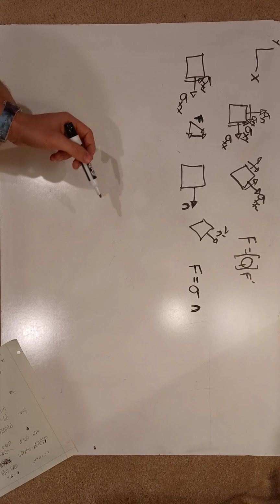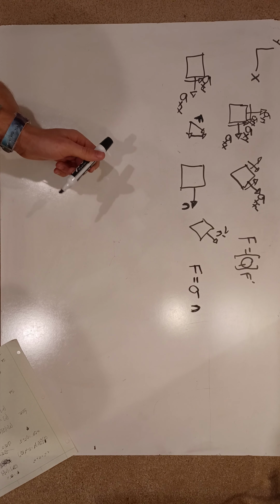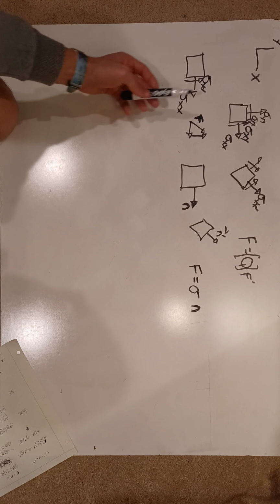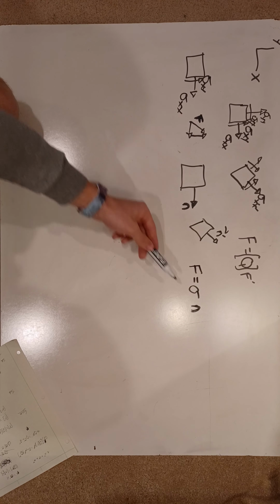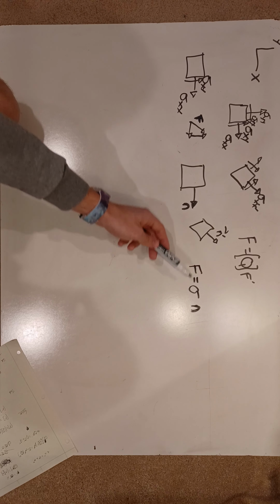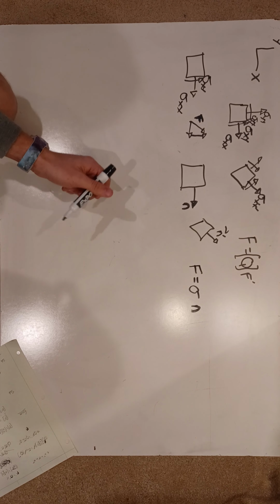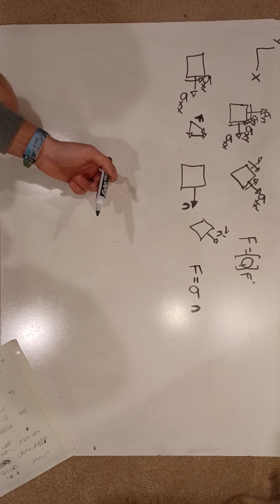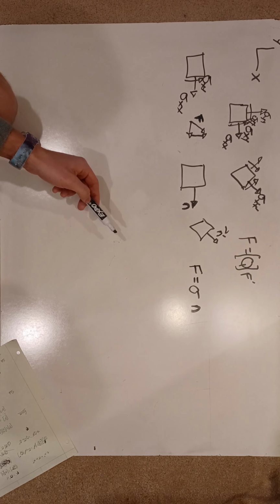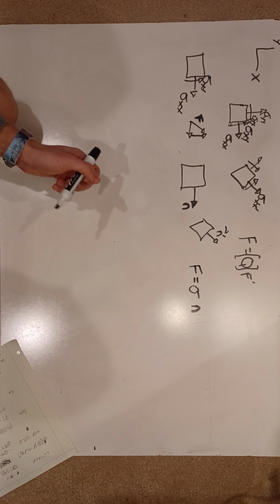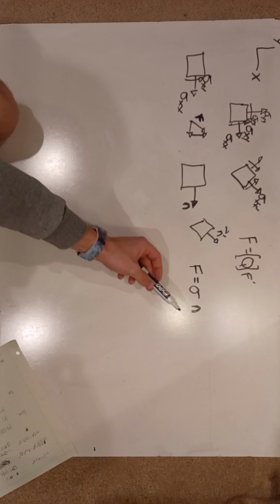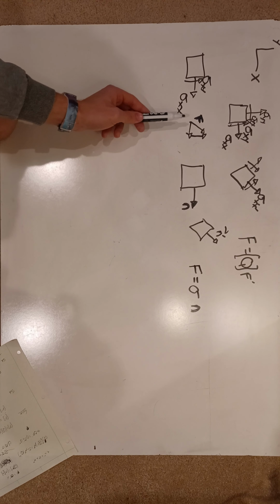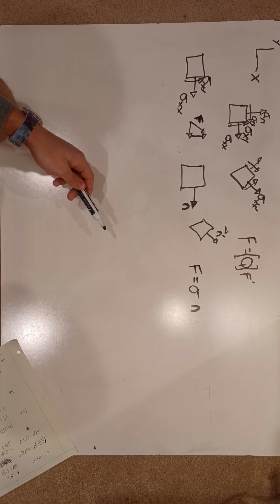So for instance, if I knew the sigma here, say the normal stress and the shear stress, because again, the sigma is a matrix. For a 2D problem, it's a 2x2 matrix, having all 4 of these elements. In a 3D problem, it's going to have 9 elements, so it's going to be a 3x3 matrix. And then if I know this normal direction, I can use this equation to get back the traction vector here.